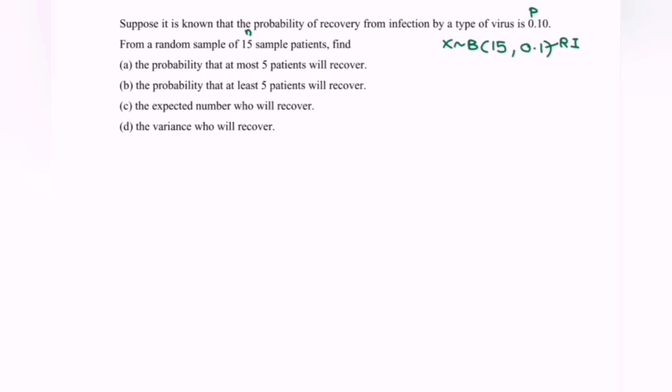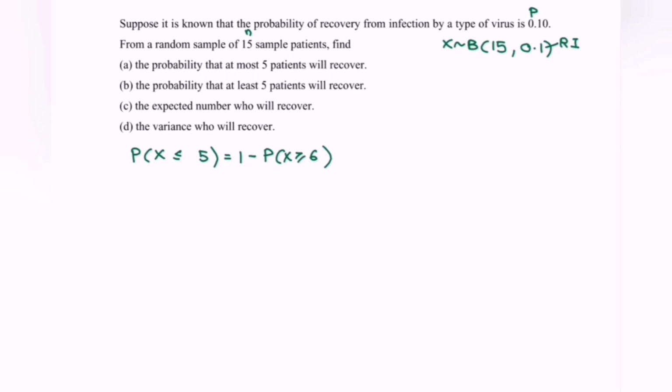A, the probability that at most 5 patients will recover. So here we have the probability that X is at most 5, which means that the maximum is equal to 5. So we have the probability that X is less than or equal to 5. So kindly modify the situation where we have 1 minus the probability that X is greater than or equal to 6.